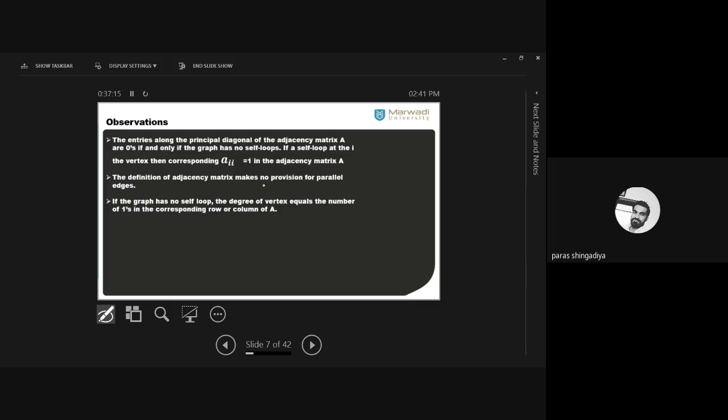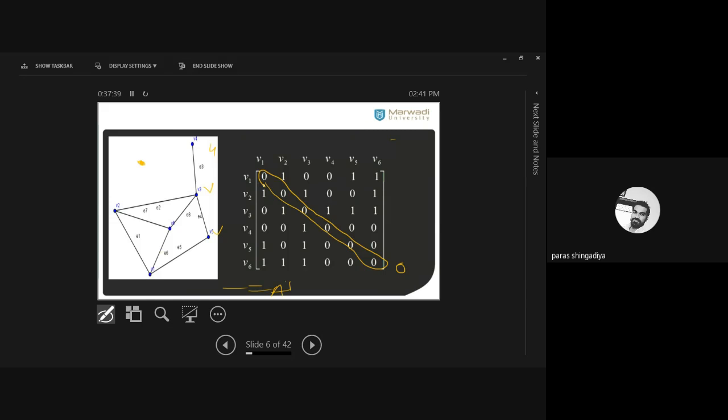For the first vertex, you have to verify the degree, and then check the number of ones in the first row and first column. That equals the degree of the particular vertex. Let's use this condition here. That is our data. Clear?